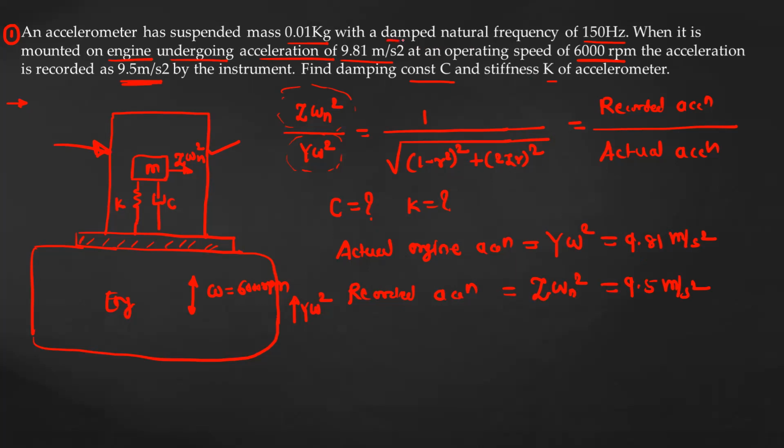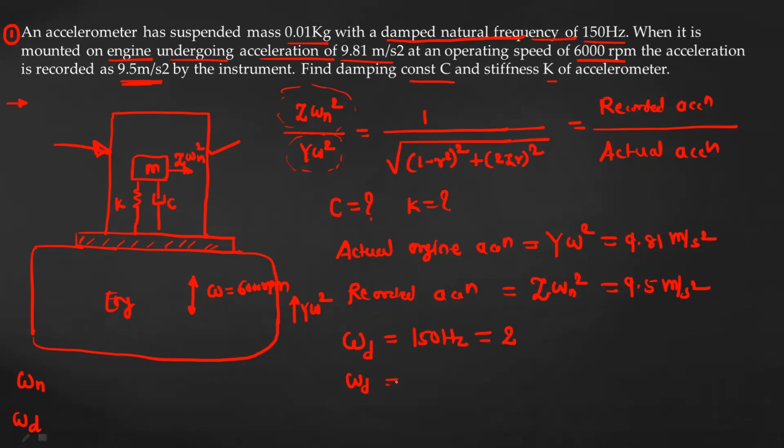Then the damped natural frequency of the instrument is given. Okay. So what is the damped natural frequency? It is nothing but the omega d value. We have two frequencies. One is the natural frequency and the second is the damped natural frequency, that is omega d. So omega d is given, which is 150 Hertz. Okay. So we will convert this Hertz to radian per second. 150 Hertz means just multiply it by 2 pi.